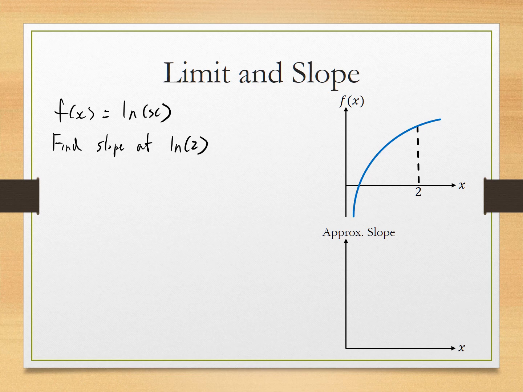So what can you do? You can approximate. So we're going to approximate the slope by picking a point, let's say 1. Let's just start with 1.